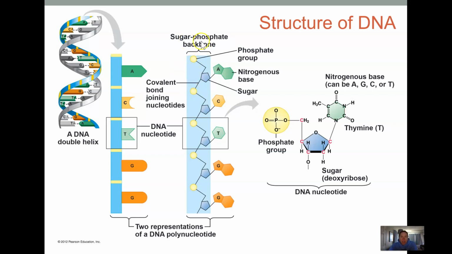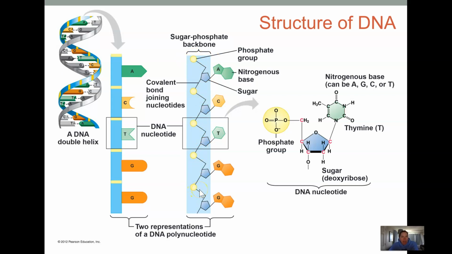In other words, your sugar phosphate backbone and my sugar phosphate backbone look exactly alike. In fact, the sugar phosphate backbone for all organisms, for all life forms, looks the same. Again, I think that's pretty cool. Amoeba, bacteria, lizard, duck, flamingo, all of us, we have the same sugar phosphate backbone to our DNA.